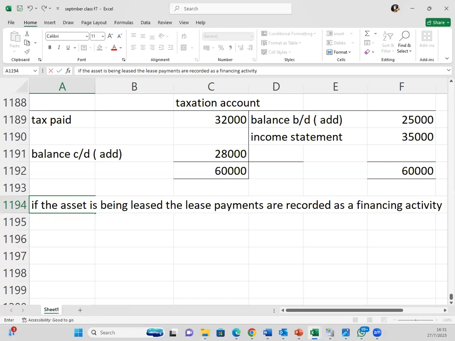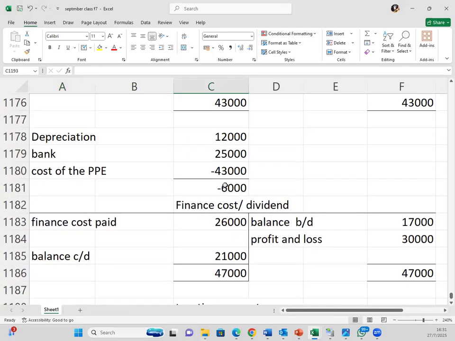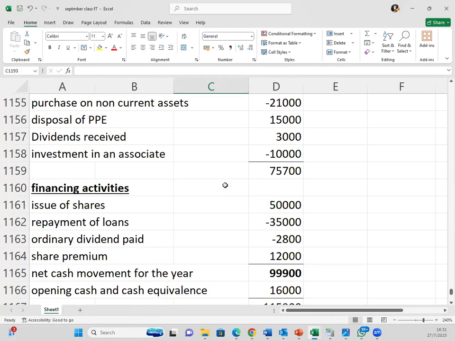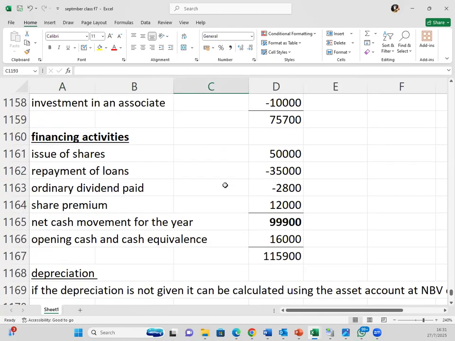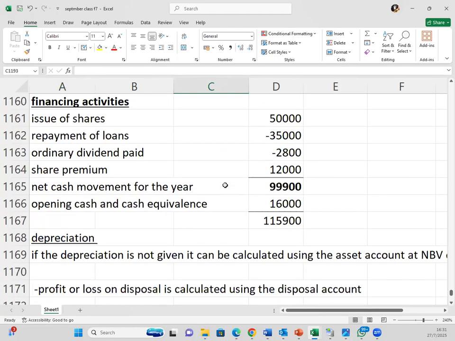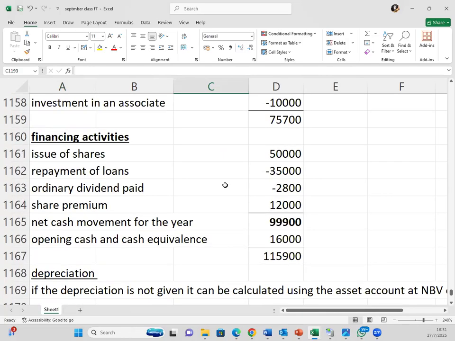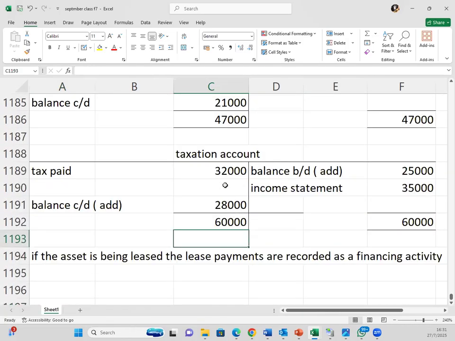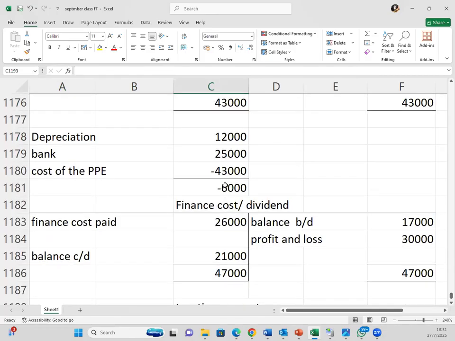Let's check. So investing activities. After investing activities, issue of shares. For the issue of shares, what you just need to watch out for is if the shares are issued, the bonus issue does not increase or reduce money.